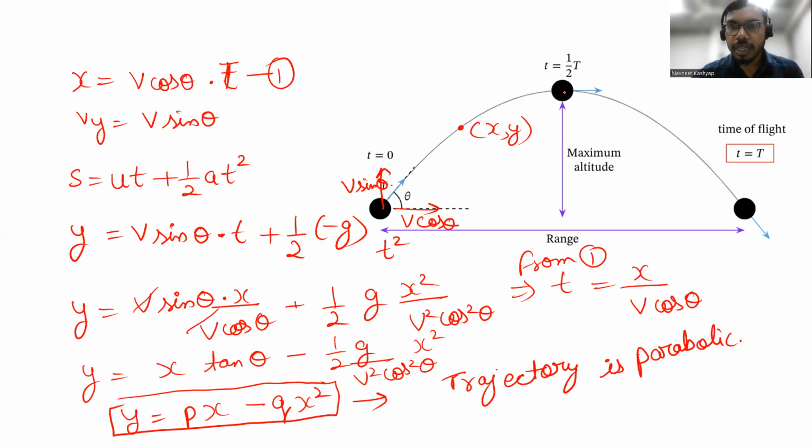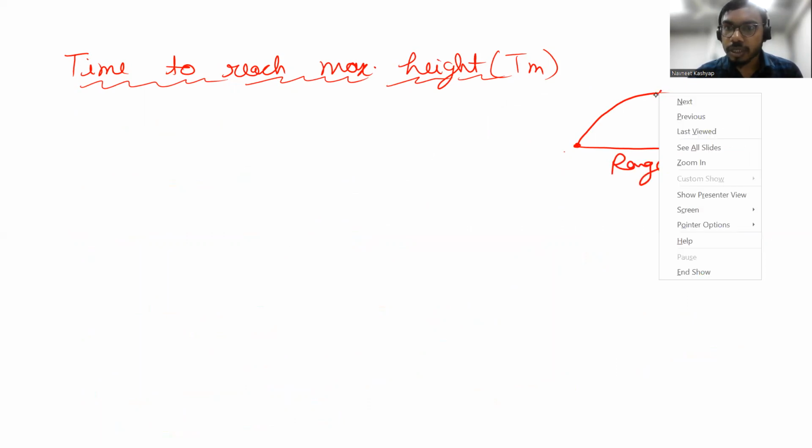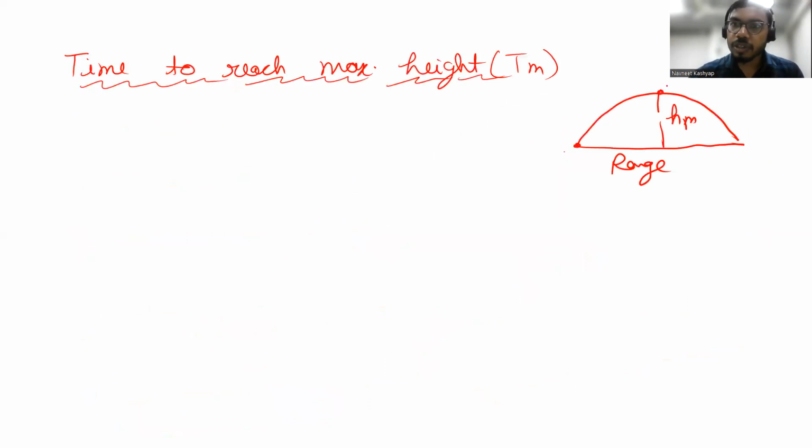What we see is that in projectile motion, in the vertical direction, there is gravity in the downward direction. So at the topmost point, let's call it HM, maximum height, the vertical velocity becomes zero.